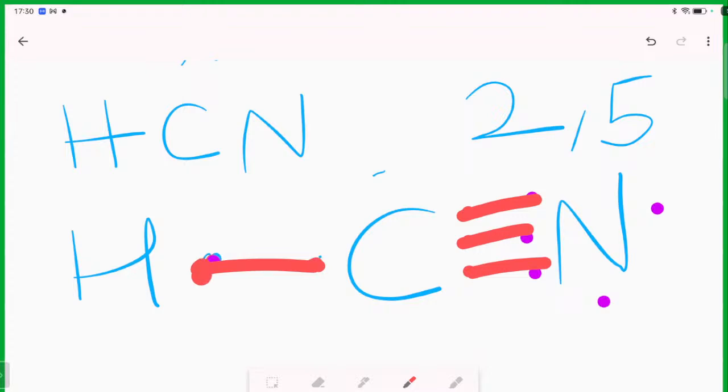So each one should share 3. Sharing का क्या मतलब होता है? If I give 3, you should also give 3. That is what sharing is. So three electrons from carbon and 3 from nitrogen together. This way octet is attained.